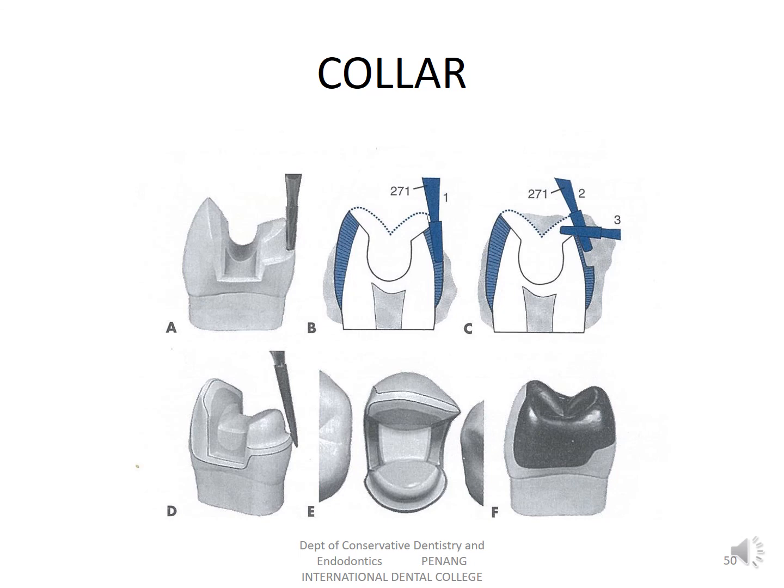With a 271 bur, we place a depth cut of 1 millimeter, something like how you prepare the margin for preparing a tooth for a crown. So we go around the cusp to prepare a collar.